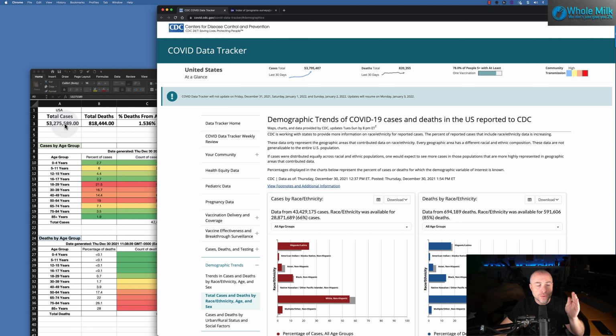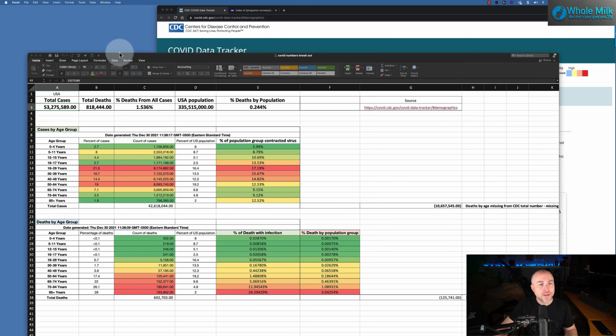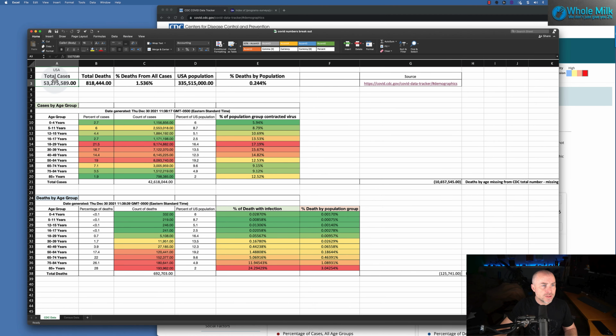When I pulled this a few moments ago, the numbers jumped already. So again, 53 million and change. Total deaths, 818,000 versus 820,000. These numbers are going to continually change as they keep updating this stuff. But even still, 818,000 deaths versus 53 million cases is 1.53%.